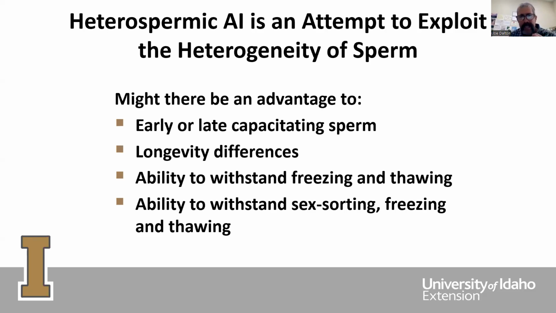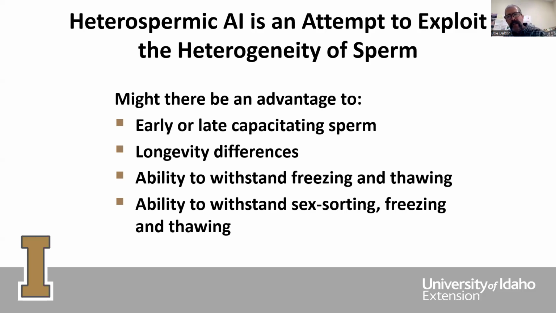And the way we have to think is, could there be an advantage to early or late capacitating sperm, or longevity differences among sperm, or the ability of sperm from 1 male compared to other males to withstand freezing and thawing? Or what about the ability of males to withstand sex sorting, freezing and thawing?